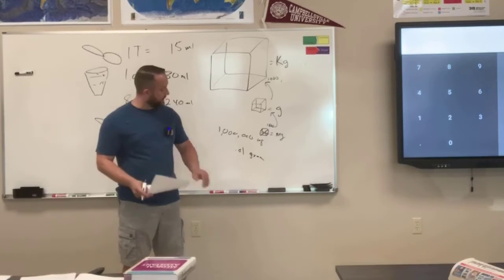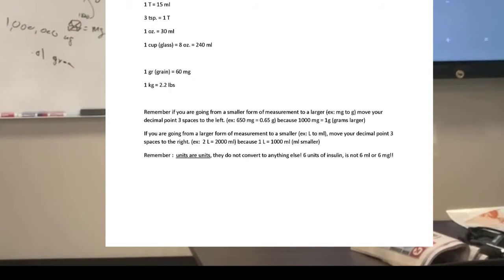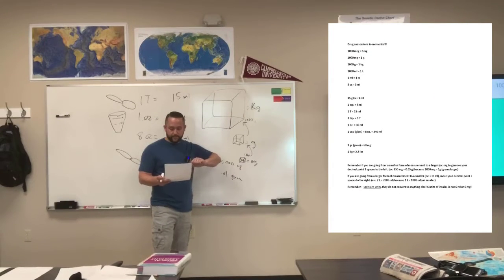Let's look at the bottom here to kind of follow along on this. So if you're going from a unit of smaller to larger, for example, milligrams to grams, move your decimal point 3 spaces to the left. Three spaces to the left.